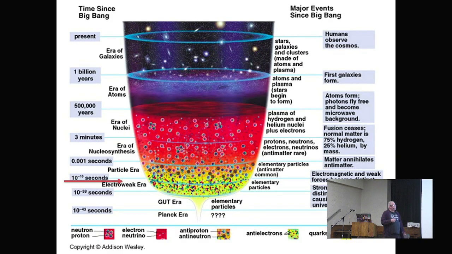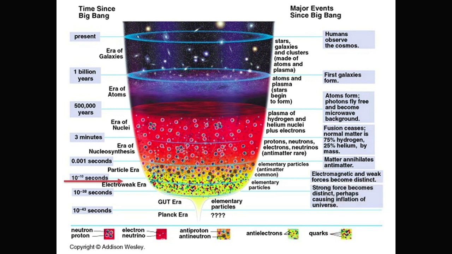And to divide it up by a log scale, we talk about the electroweak era, and look at the length of time. Significant eras in the universe were happening well within a tiny fraction of a second. At 10 to the minus 10 seconds, we had the electroweak era, when electromagnetism and the weak force were combined because the energy in the universe was high enough that they were the same force effectively.